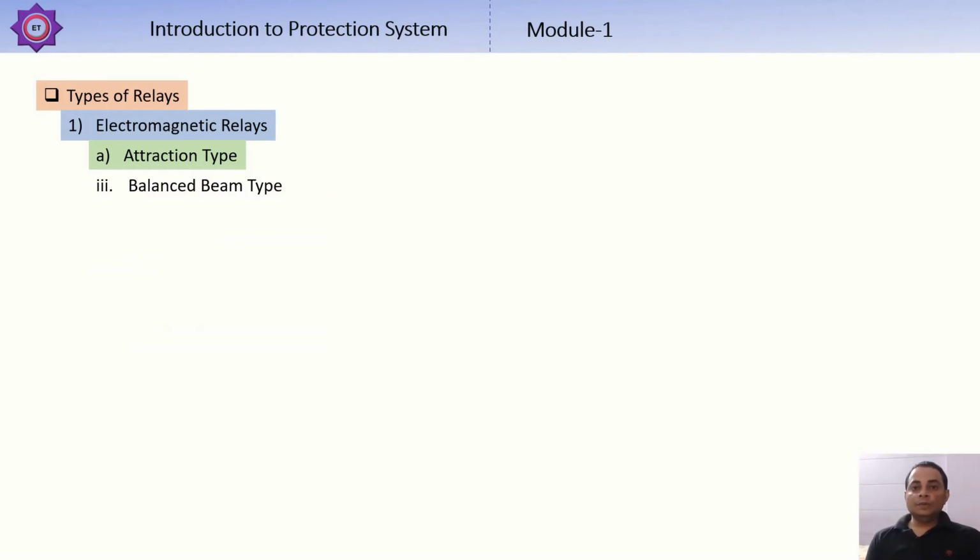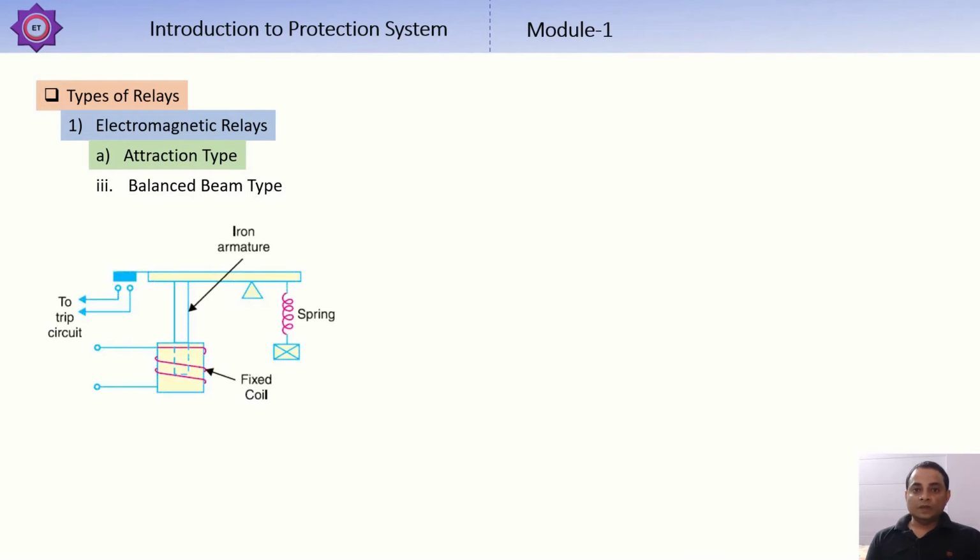Next, balance beam type. This type of relay is more accurate than the previous ones. Here, a spring is used as a restraining quantity and electromagnetic force is used as an operating quantity.